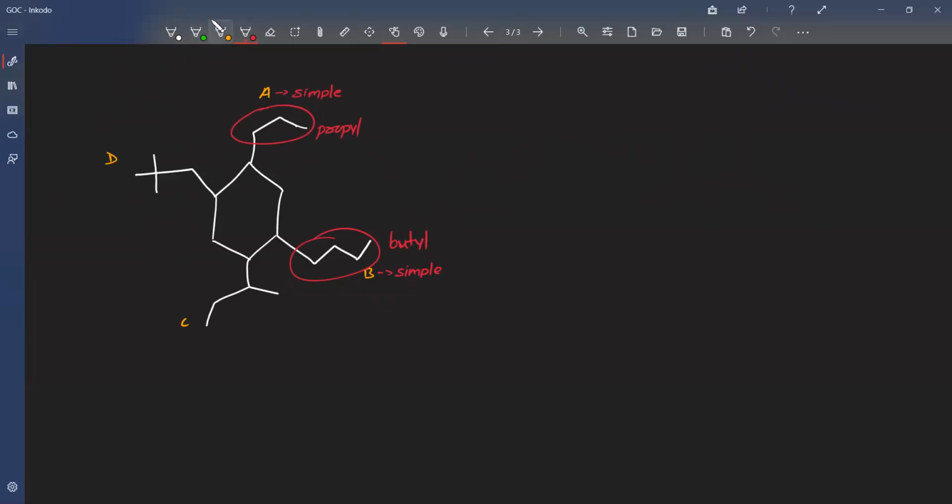Now let's come to the next one, that is this C. Here it is attached to the second carbon of the butyl group.